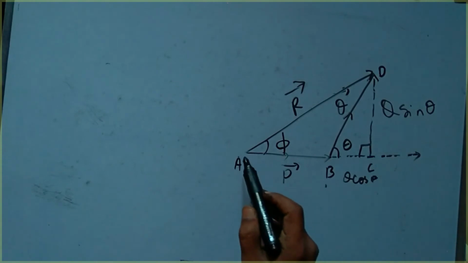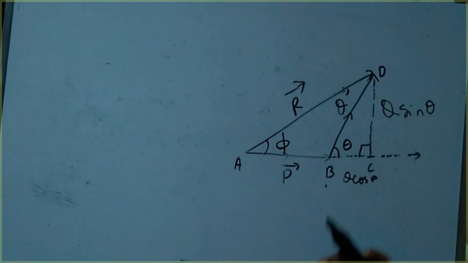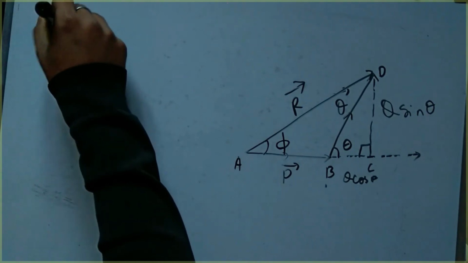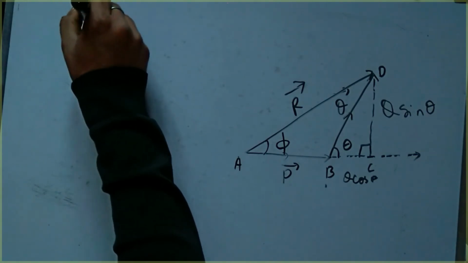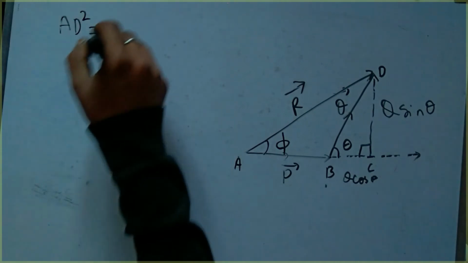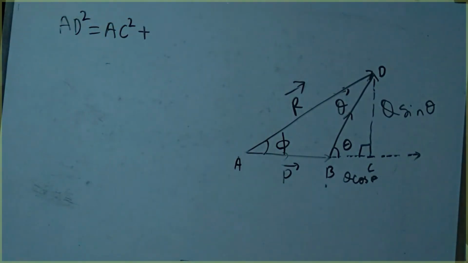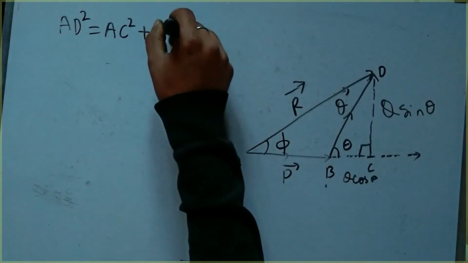Now if we take this triangle ACD, we can use Pythagoras theorem. AD square is equal to AC square plus CD square.